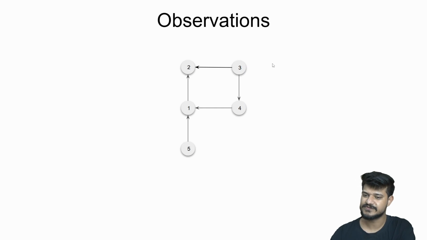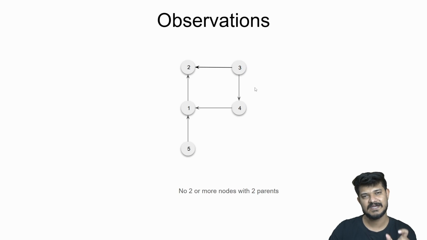One of the observations here is that since we are adding an extra edge, and this is a directed tree or directed graph, there can be a node with two parents, right? There may be a node or may not be a node. That means there may be 0 or 1 nodes with two parents, but not more than that. That means there can't be two or more nodes with two parents. If there are, it won't turn back into a tree.